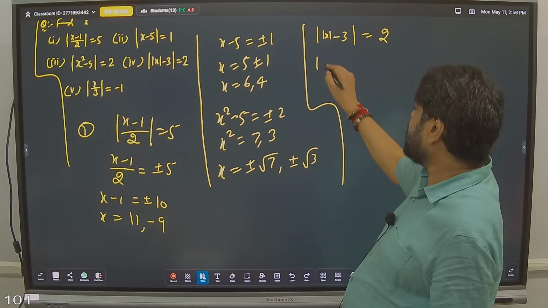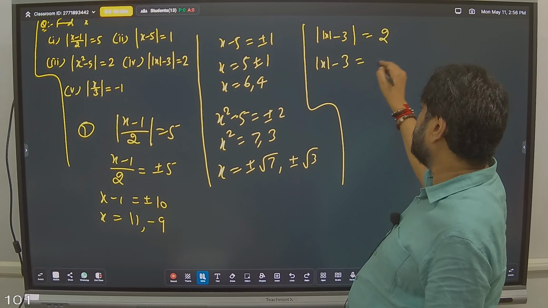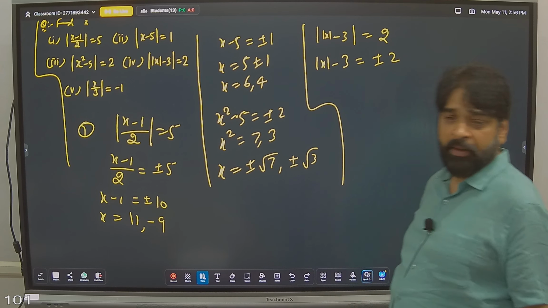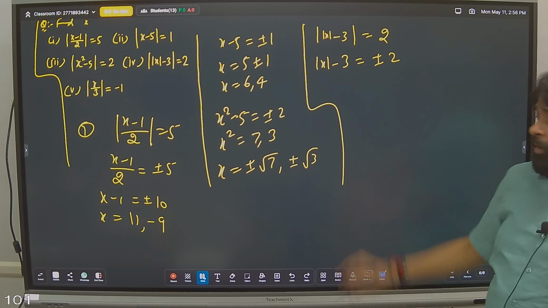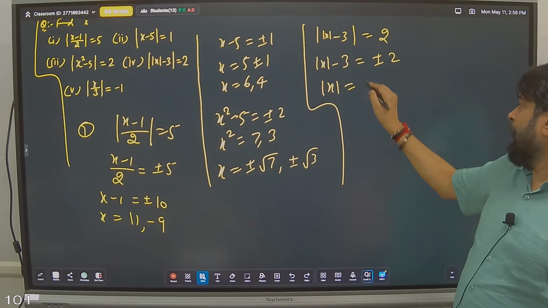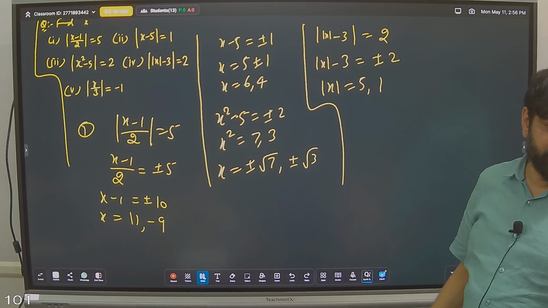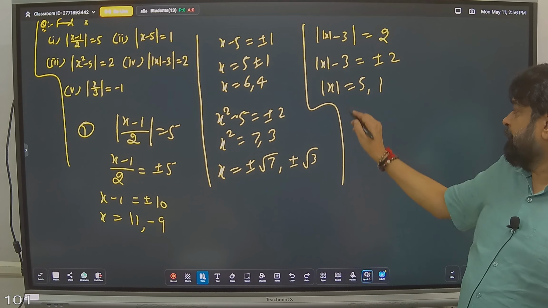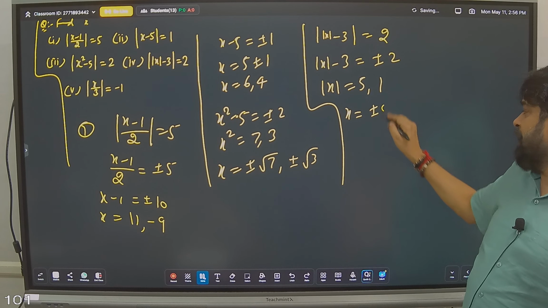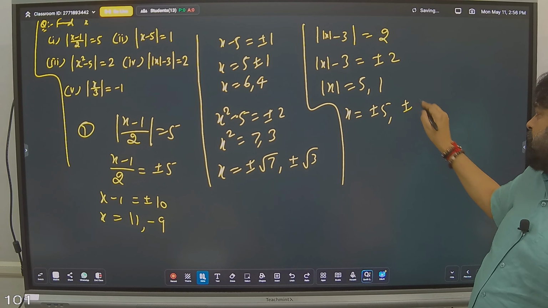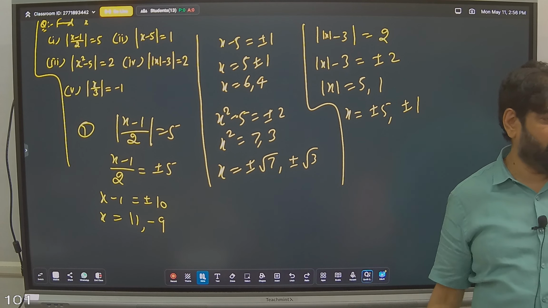So mod x minus 3 will be equal to plus minus 2. Agree everybody? So mod x equals either 5 or 1. If mod x is 5, x equals plus minus 5. If mod x is 1, x equals plus minus 1. How many of you got this answer?